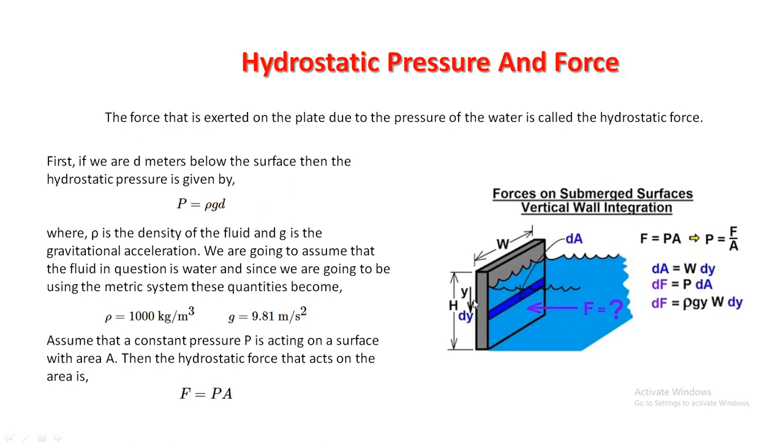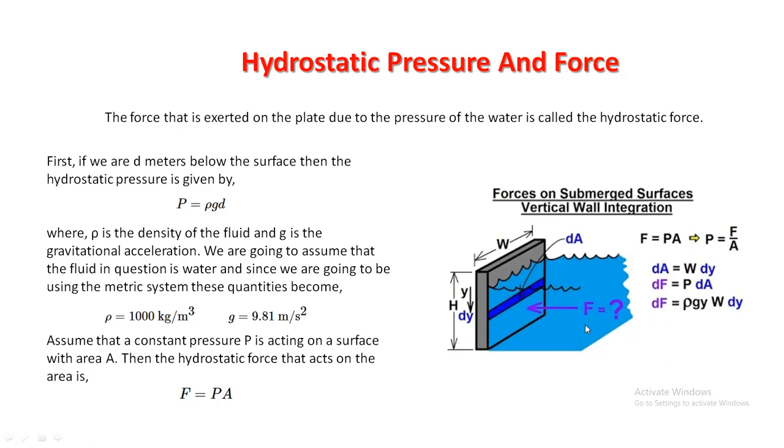The height is dy because it depends on how much of the entire wall is submerged, and this is dA, the differential area of this particular strip. It's varying because the dy is also changing. Here we have force defined as the product of the pressure and the area.